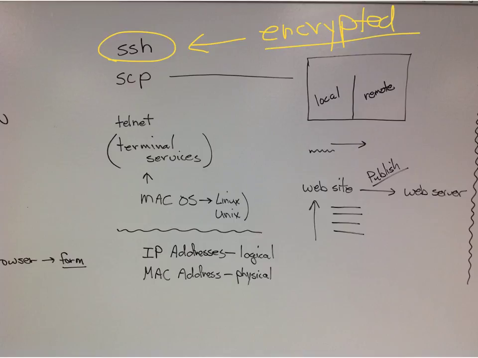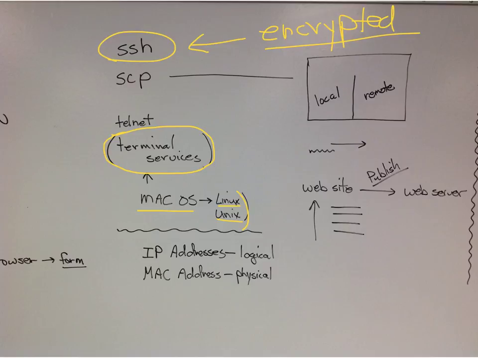Information can be encrypted as you communicate between two. You can use terminal services to do this. On a Mac, you can just open those up. Linux, Unix, Mac operating system basically uses a type of Linux.